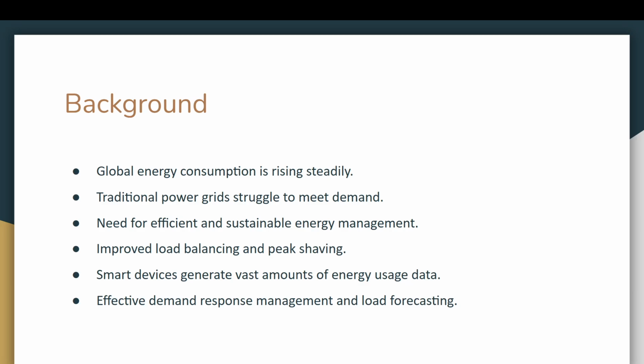efficient energy management. The emergence of smart devices in smart grid environments generates vast amounts of data related to energy usage and user behavior. And this data is essential for effective demand response management and load forecasting.